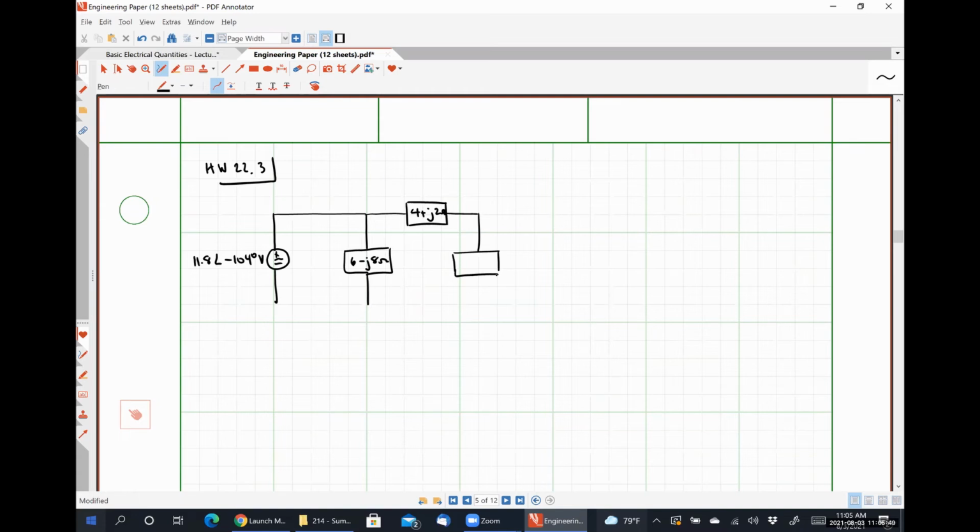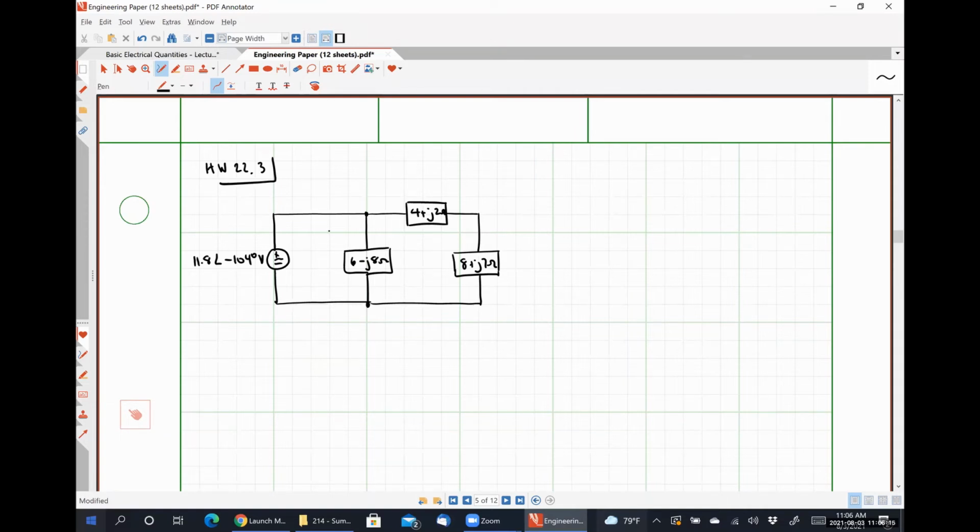Then we have an impedance here, which is 8 plus J7 ohms. Since none of these impedances are purely resistive, purely capacitive, or purely inductive, we're going to have to use our generic equation, which means we're going to need to know both the phasor current and the phasor voltage across these guys.